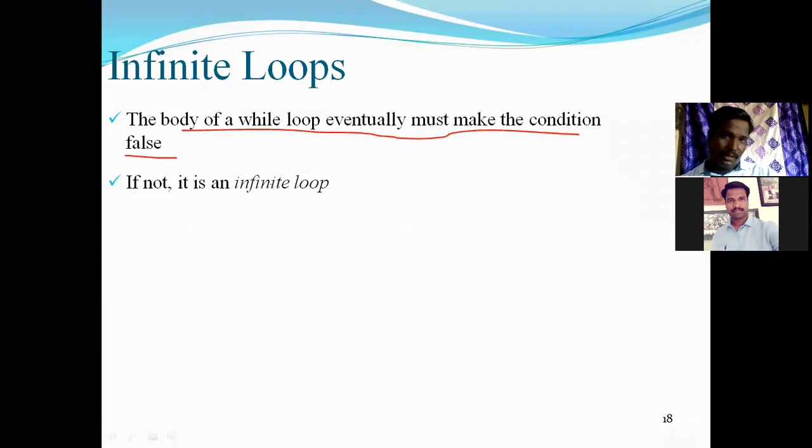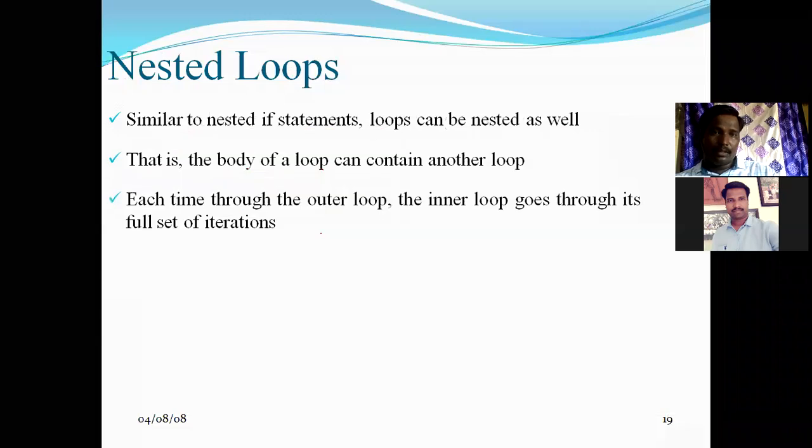If the condition never becomes false, the loop will fall into an infinite loop. It means the statements specified in this while loop will be executed n number of times.